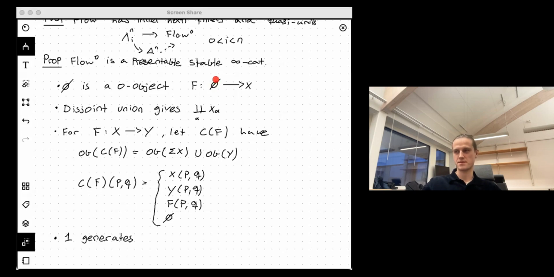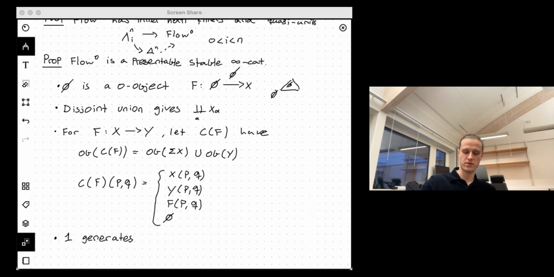But there are no objects in this one, so that's a completely vacuous statement, and there is no data required to specify such a morphism. So the only thing you can put here is the empty bimodule. And similarly for any higher simplex, if you have the empty one at one of your corners, you're forced to put the empty n-simplex. So yeah, that's a zero object of your category.